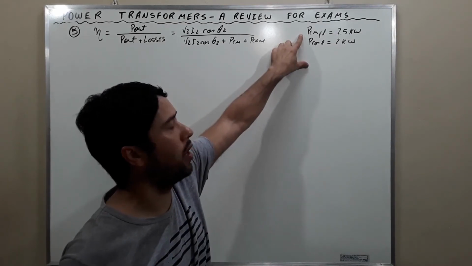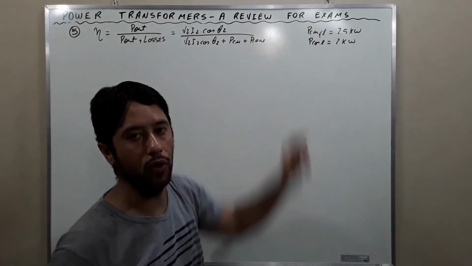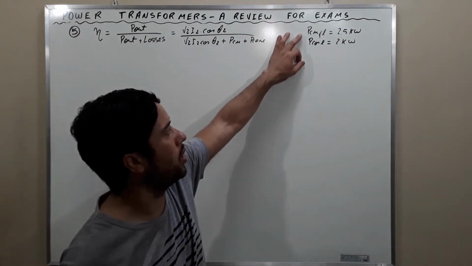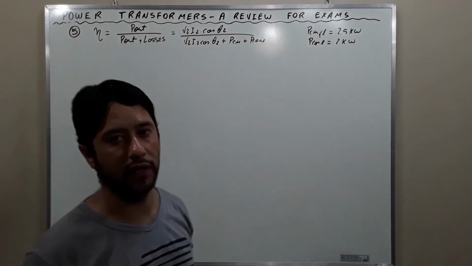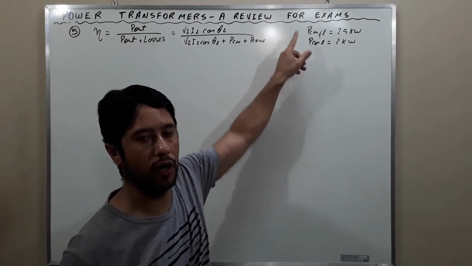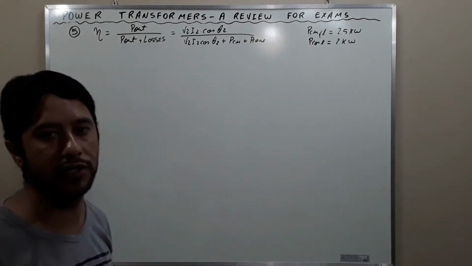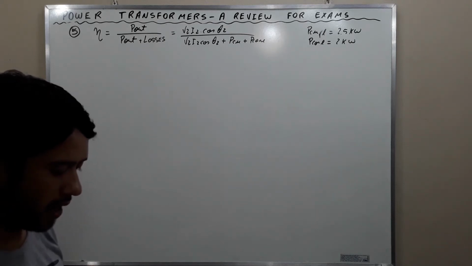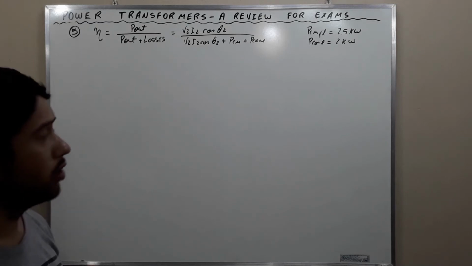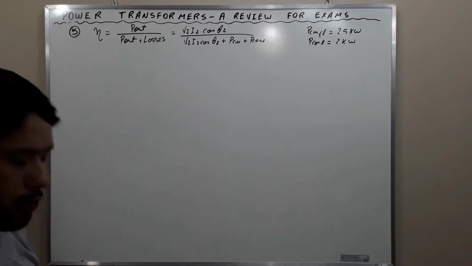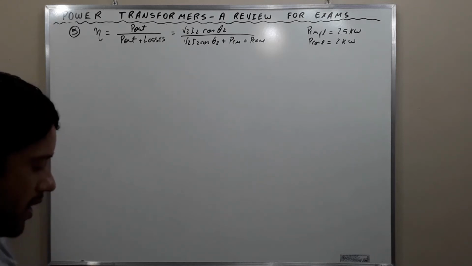But the copper losses vary with output current. We do not want the copper losses at full load. We want the portion of the copper losses at full load that enables maximum efficiency, okay? And we are going to use this to calculate the maximum efficiency and the output current that enables maximum efficiency.